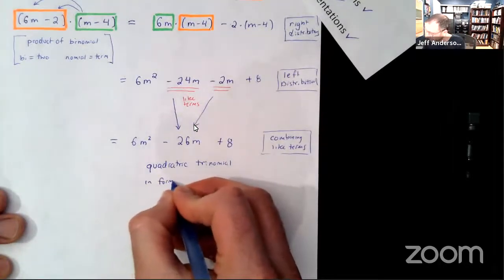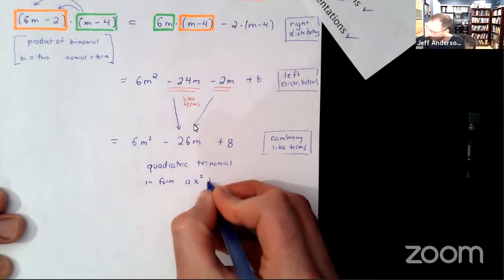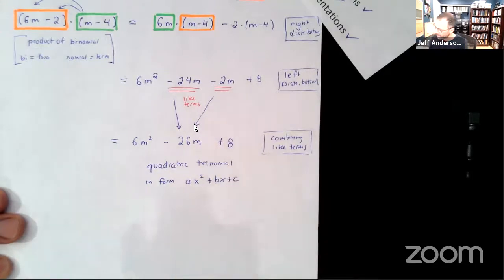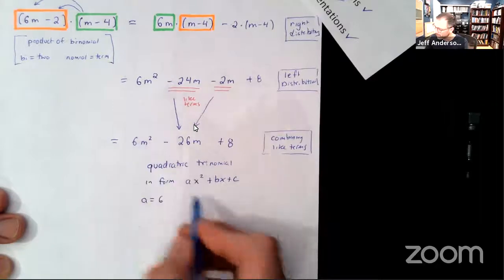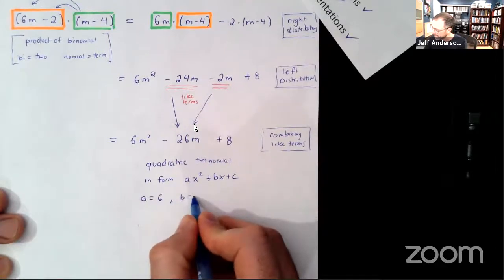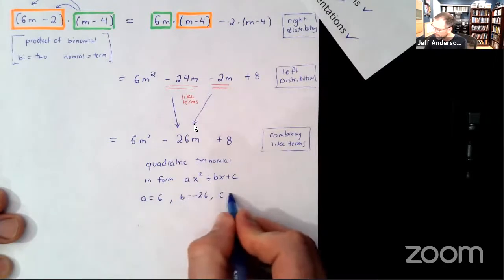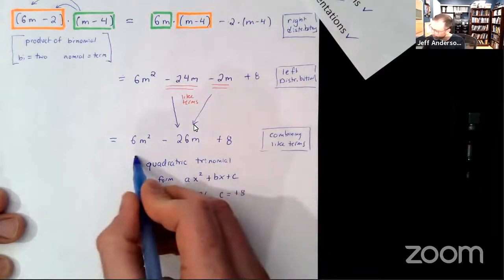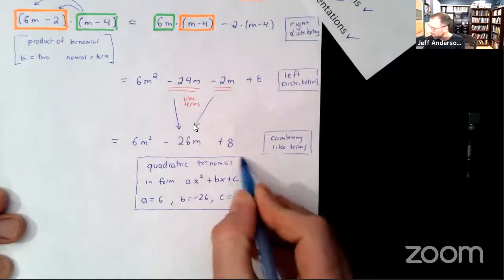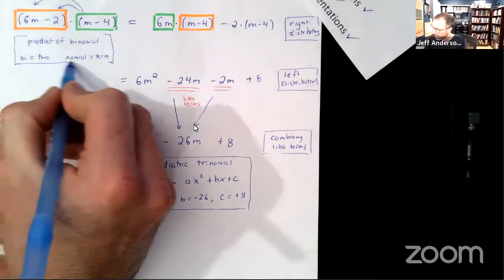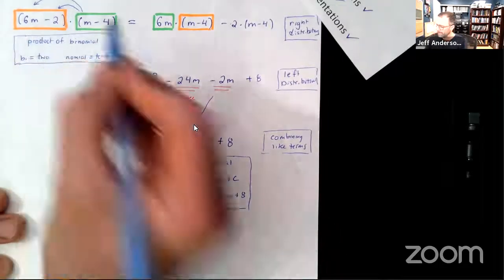And specifically, it's in the form ax squared plus bx plus c, where a is 6, the term in front of the squared term, b is negative 26, and c is 8. So now all of a sudden, I'm introducing this nerdy language as a way to describe the structure of the problem that I'm looking at.